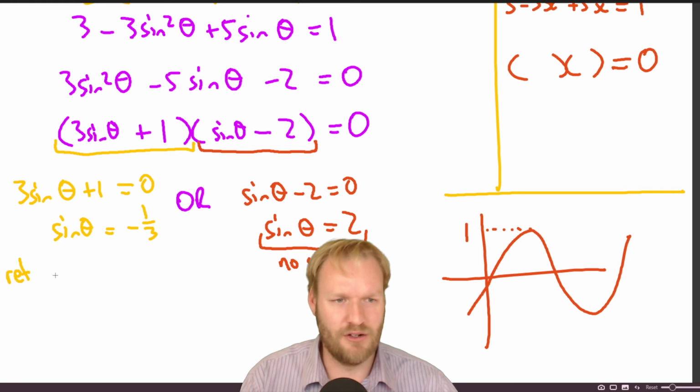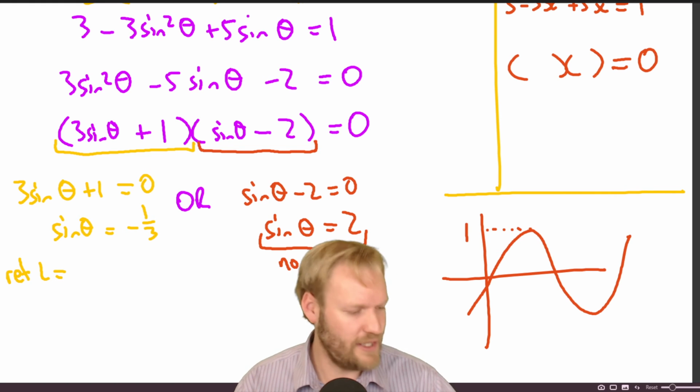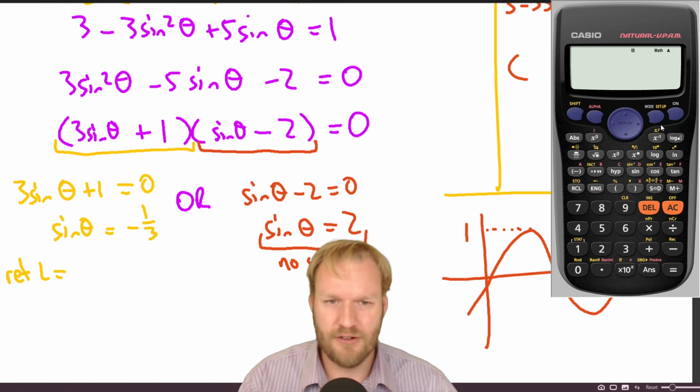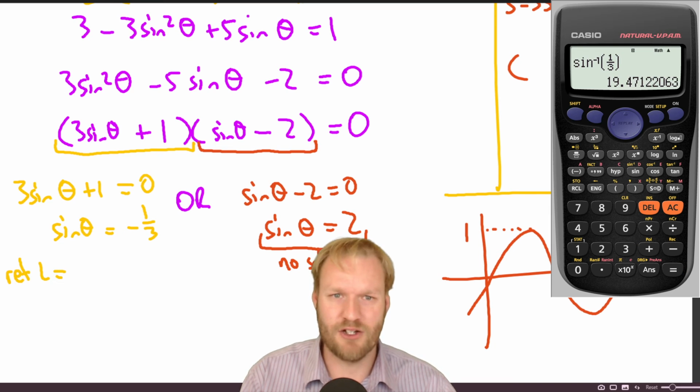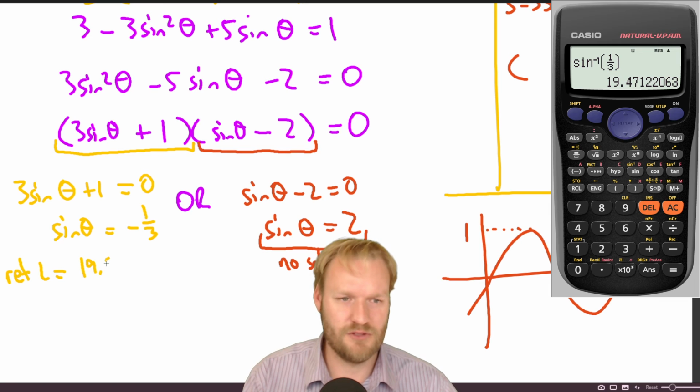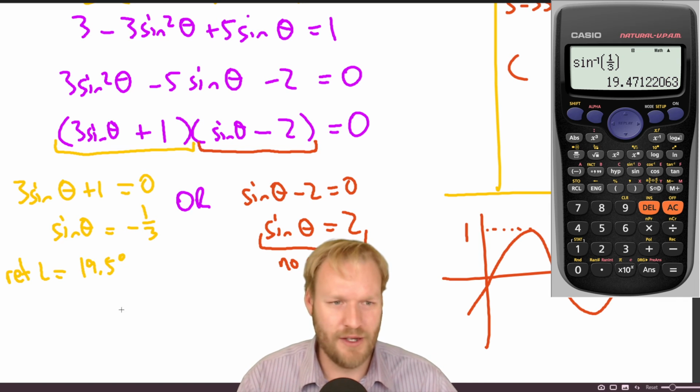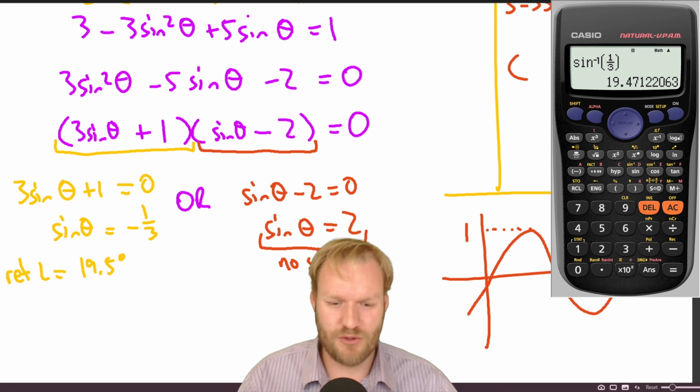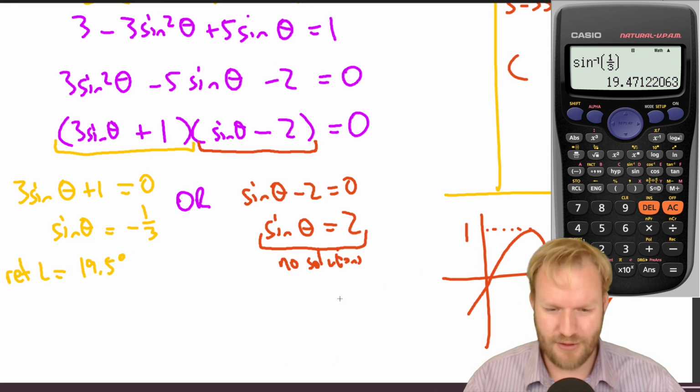So we go for our reference angle, and we get our friend out here, the magic machine, to say shift sine of 1 over 3, remember positive value, equals 19.5 to 1 decimal place, let's go for. And it's negative, so we quickly think, where can I hide away to?